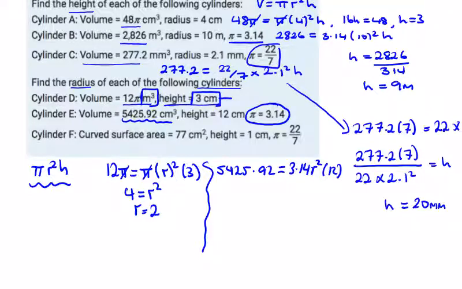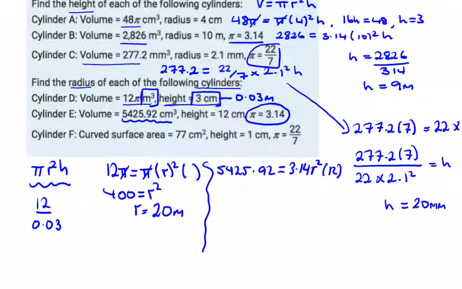So I'm going to change this to 0.03 meters. So over here the 12 would have been divided by 0.03, giving 400, and r would then be 20 in terms of meters.